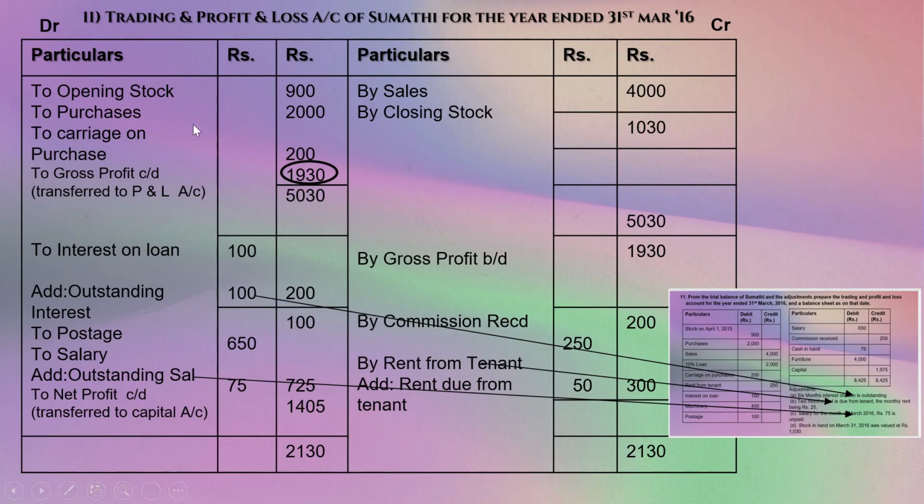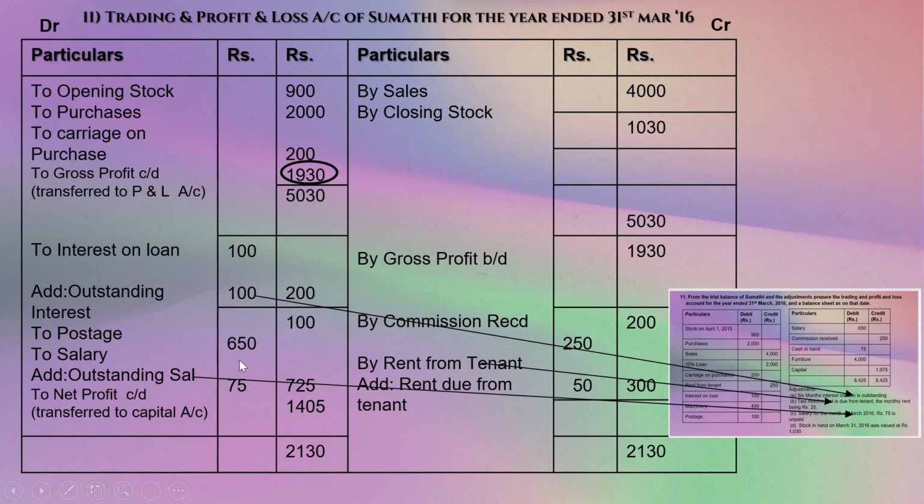See, opening stock, purchases, carriage. Here there is no adjustment, so as usual you are writing everything, and then now you are continuing the profit and loss. Here interest on loan we have outstanding, so already paid interest on loan you have to write. See here, 100, the outstanding is 100, so totally 200.